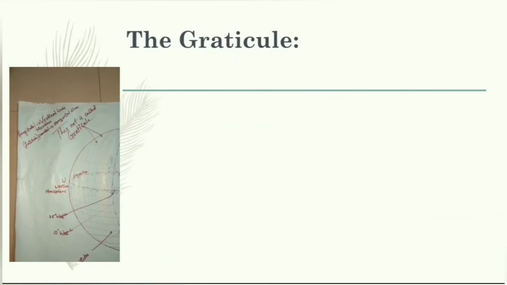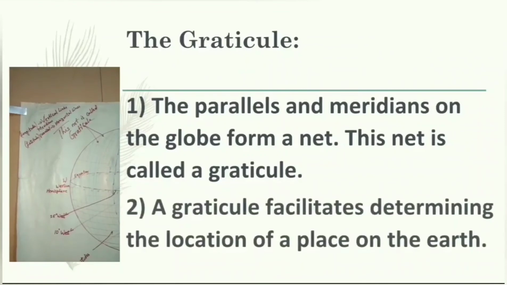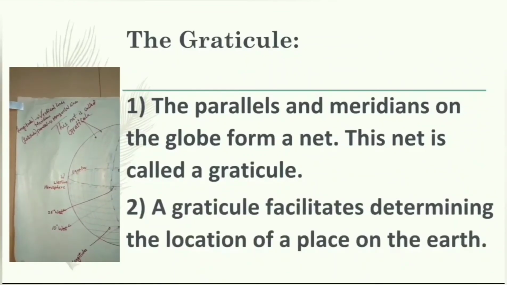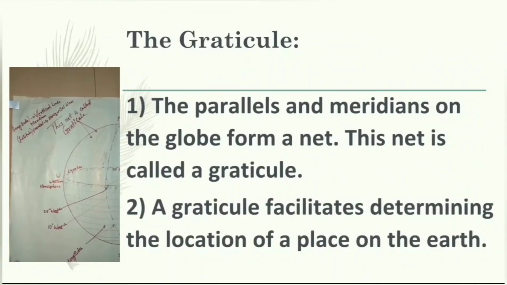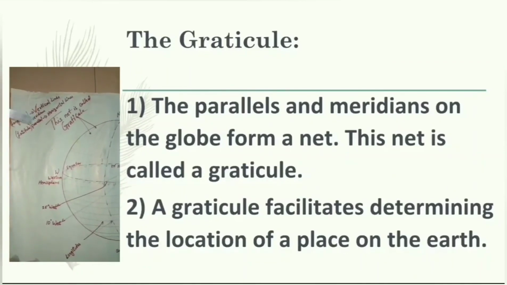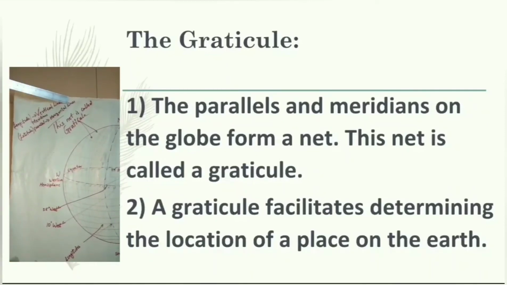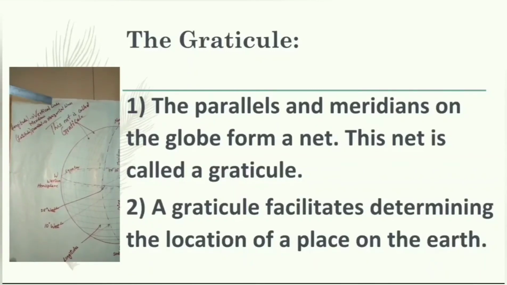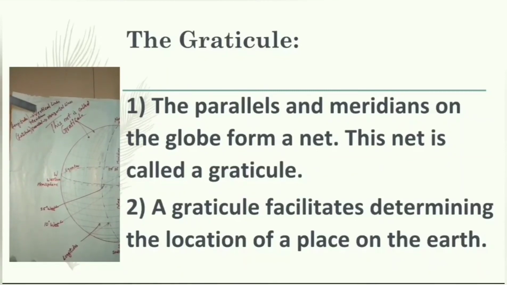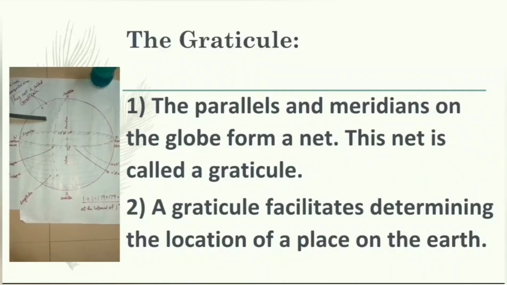Students, now the next is graticule. First point, the parallels and meridians on the globe form a net. This net is called a graticule. The parallels mean latitudes, horizontal lines. And the longitudes mean vertical lines, meaning meridians. When these two sets of lines are formed on the globe, they form a net.